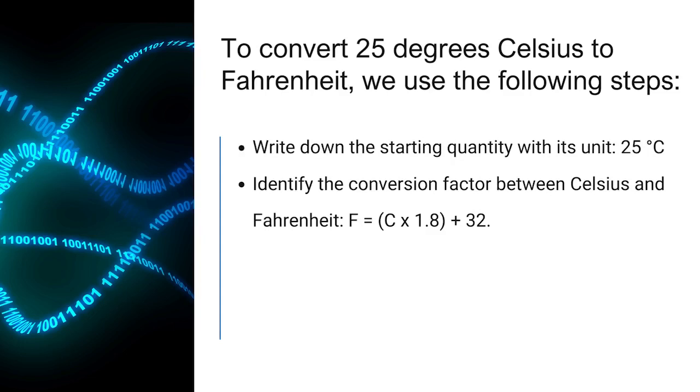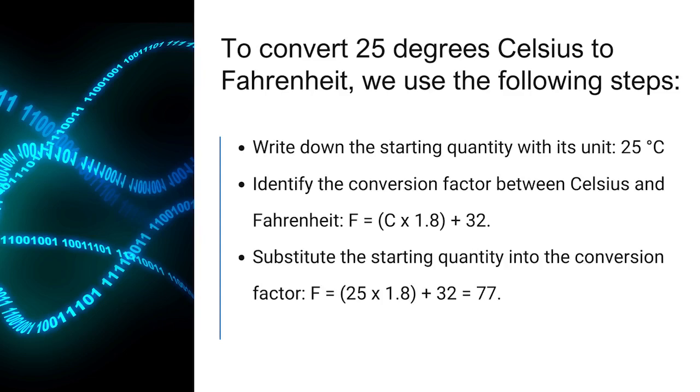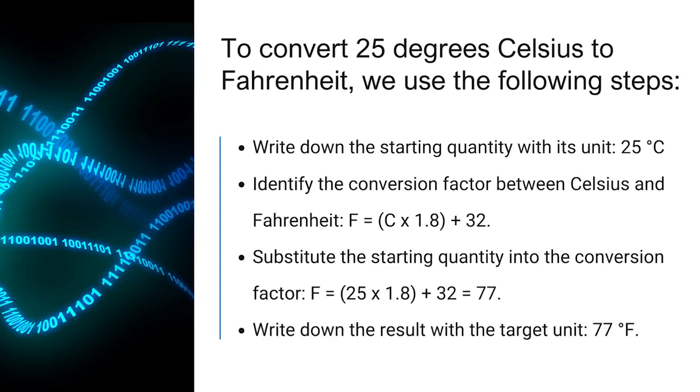Fahrenheit equals Celsius times 1.8 plus 32. Substitute the starting quantity into the conversion formula. Fahrenheit equals 25 times 1.8 plus 32 equals 77. Write down the result with the target unit, 77 degrees Fahrenheit.